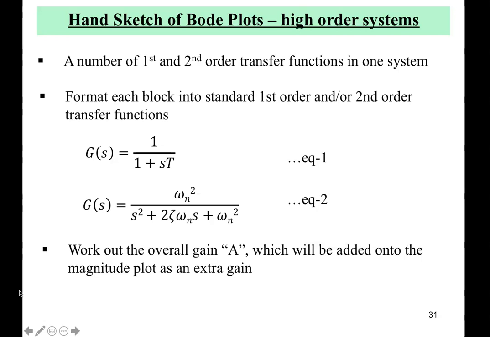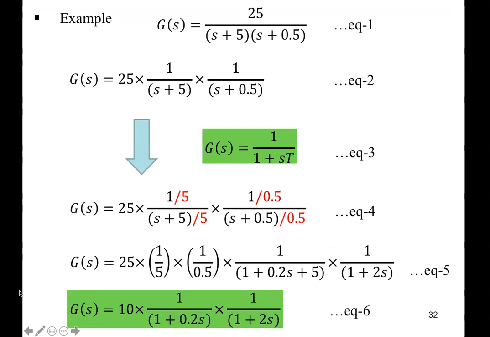In my first example, I have a transfer function G(s) equals 25 divided by (s plus 5) times (s plus 0.5). That looks like a second order system, but it is also a combination of two first order systems.